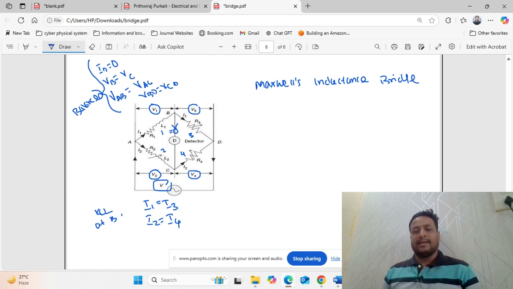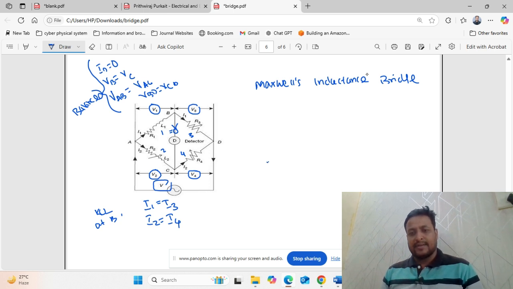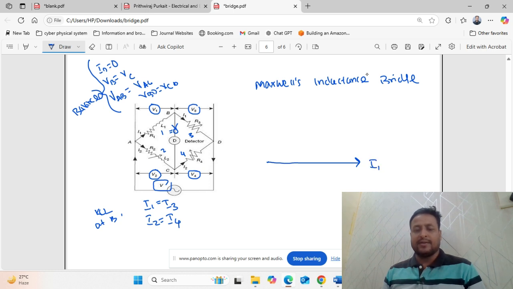You can take anything to be the reference. Let me take the current I1 to be the reference; you can take I1, I2, anything.